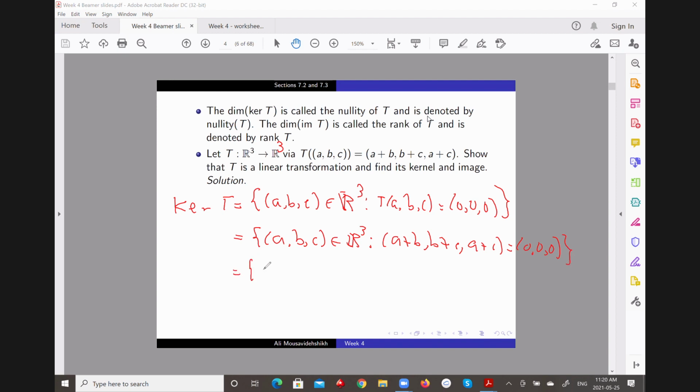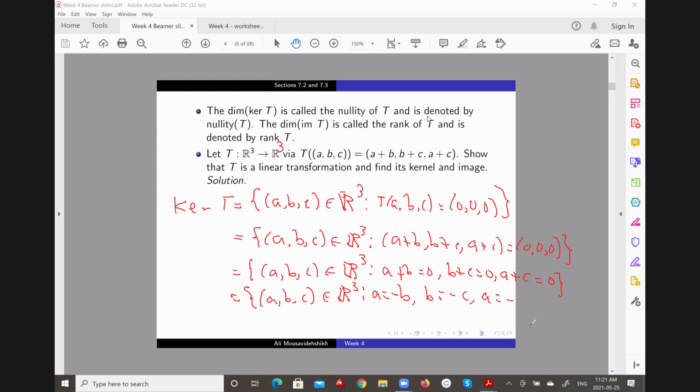Or equivalently, in other words, I have that A equals minus B, B equals minus C, and A equals minus C. So if I plug these into here, remember, A was minus B, but B is minus C, so A is just C, if you just do double substitution.